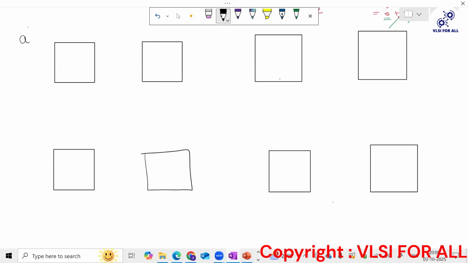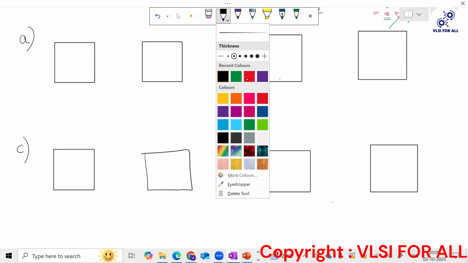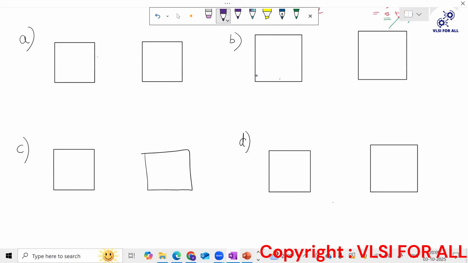Here we have cases A, B, C and D. In case 1, capital A is address, this is data, and this is response.